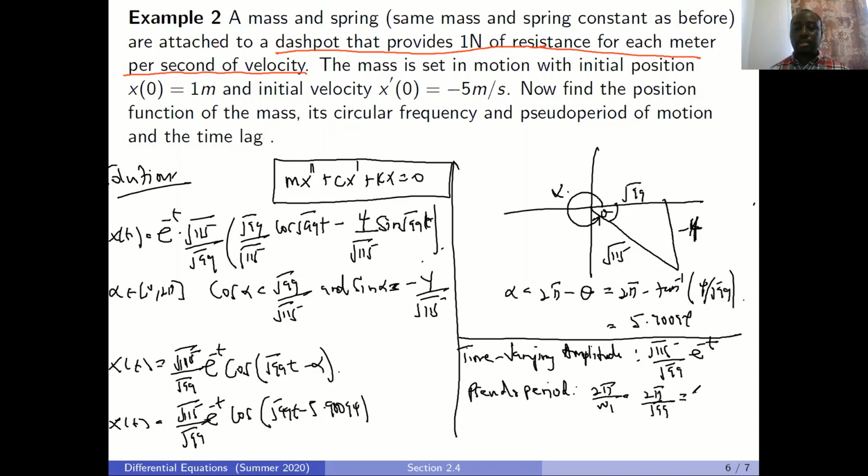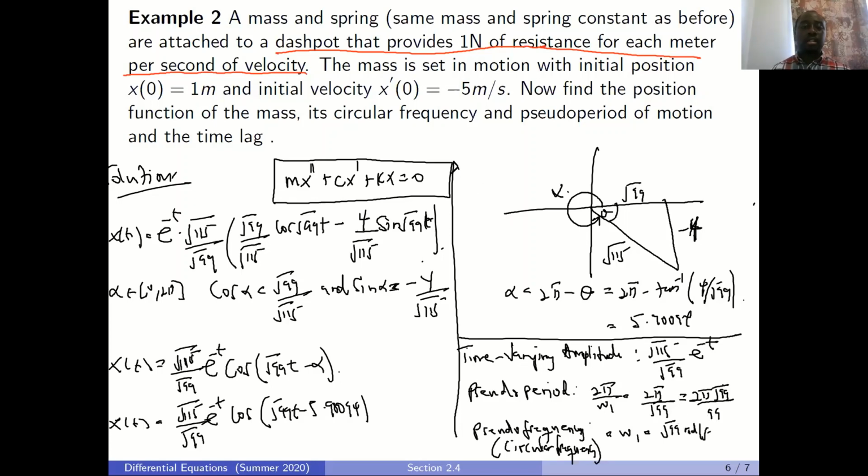So we have 2 pi root of 99 over 99. And then the pseudo frequency, which is really the typical circular frequency in radians per second, is going to be omega 1, right? Which is the square root of 99 rad per second.